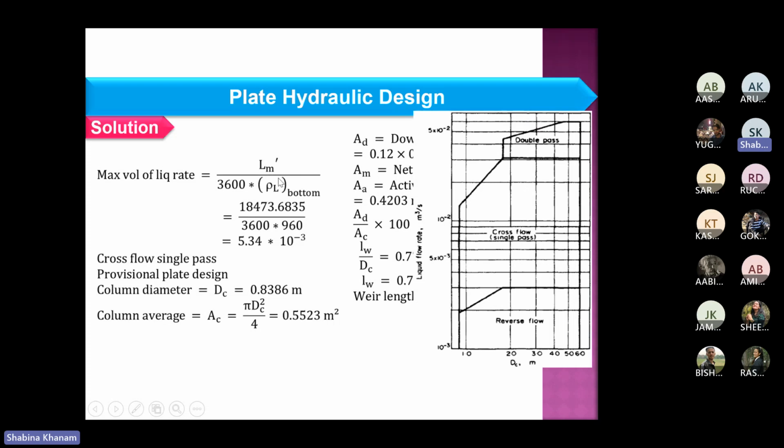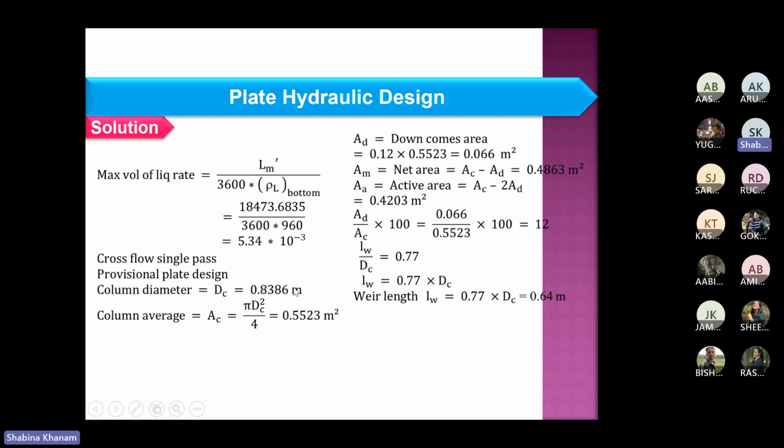And for that bottom liquid flow you need to find, you can see over here. And once you consider this 5.3 here and almost 0.83 the column diameter, so somewhere you will again fall in cross flow or single pass pattern.